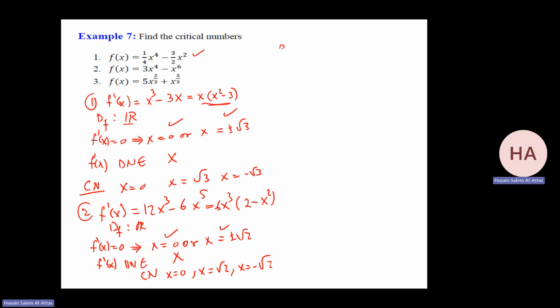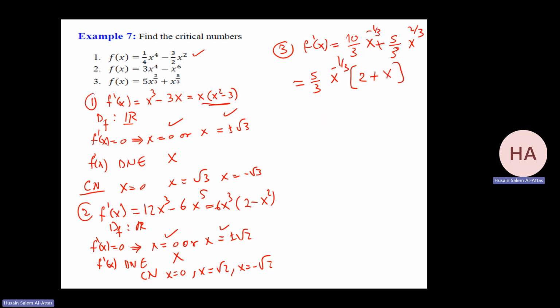Okay, let me take the third case. What is f prime? f prime will be 10 over 3 x to the power minus 1 over 3 plus 5 over 3 x to the power 2 over 3. Now we take common factors: 5 over 3 x to the power minus 1 over 3 times 2 plus x.